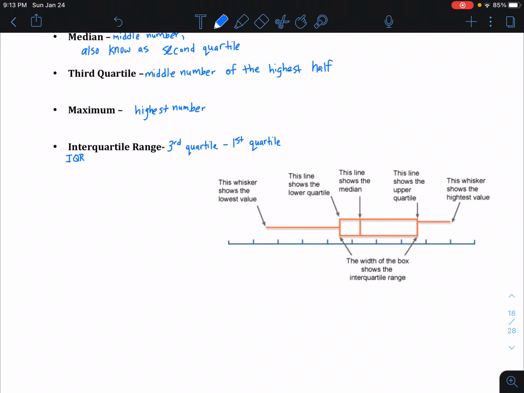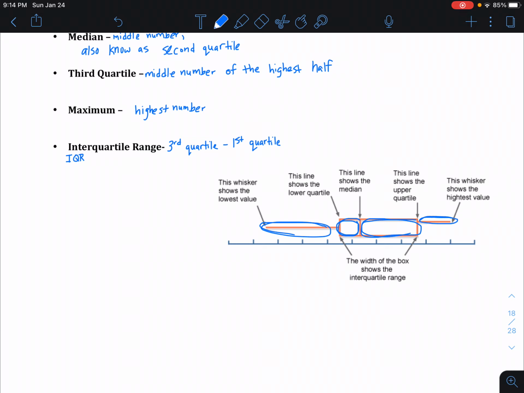If you had 1,000 numbers, that means 250 of them would be right here. Another 250 of the numbers would be jammed in here. Another 250 of them would be here, and another 250 of them would be here.